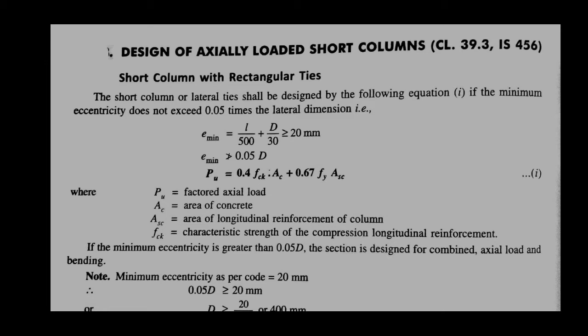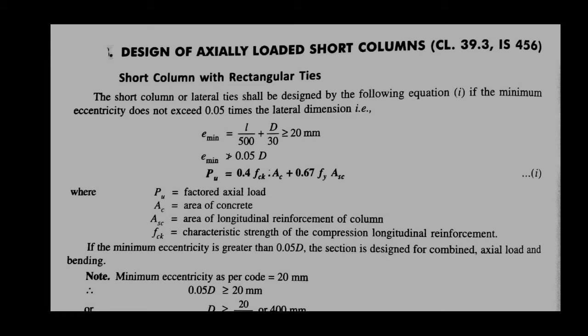Pu is factored axial load, Ac is area of concrete, Asc is area of longitudinal reinforcement of column, fck is characteristic strength of concrete, and fy is of the compression longitudinal reinforcement. If the minimum eccentricity is greater than 0.05 D, the section is designed for combined axial load and bending.